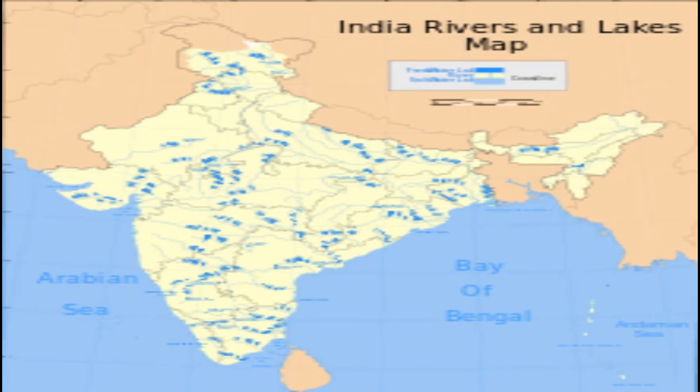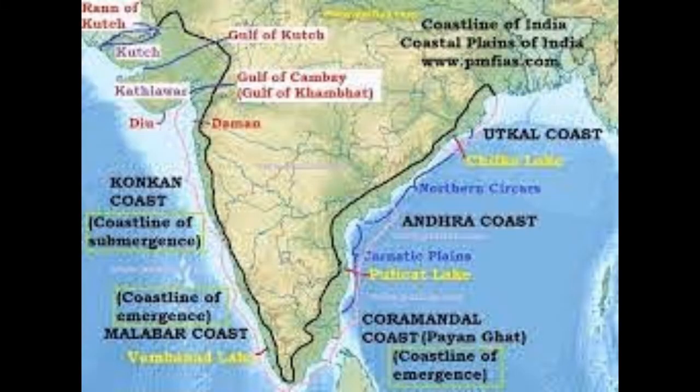How much width is there? 10 to 80 kilometers on the west coast, and the east coast is broader, with a width of 100 to 120 kilometers. Where the Godavari-Krishna Delta comes, you will find more width.